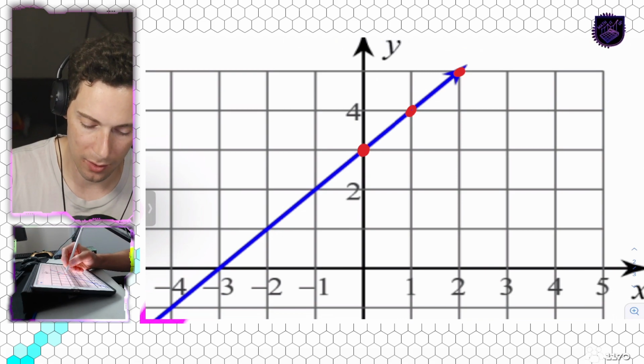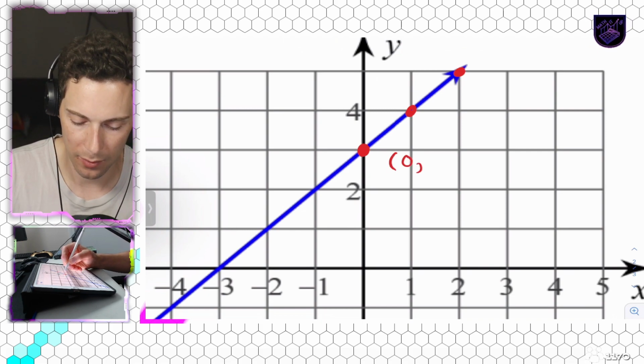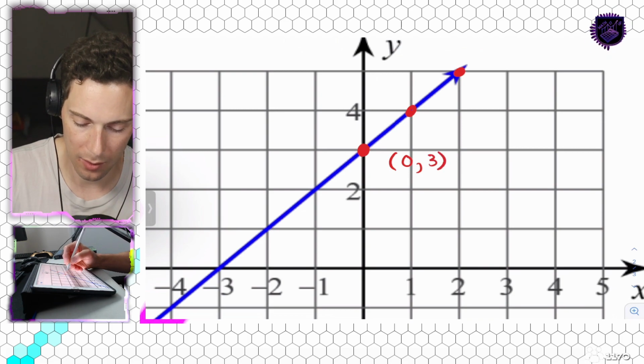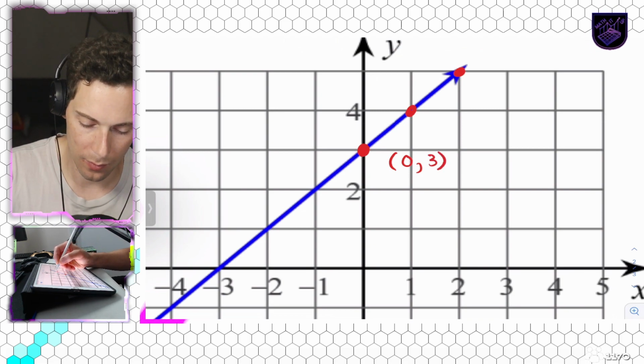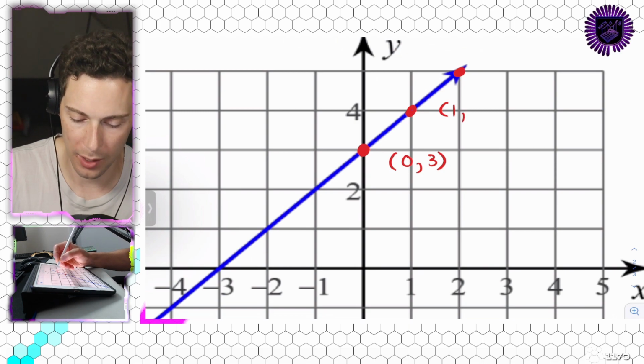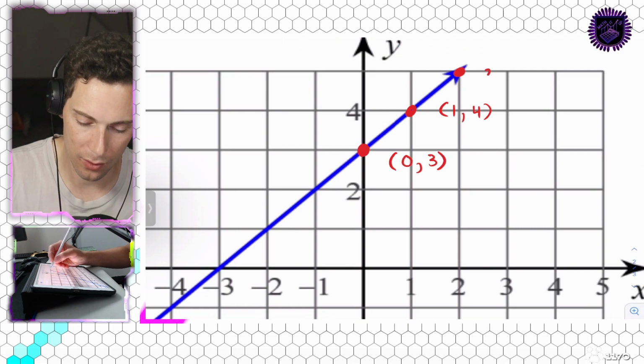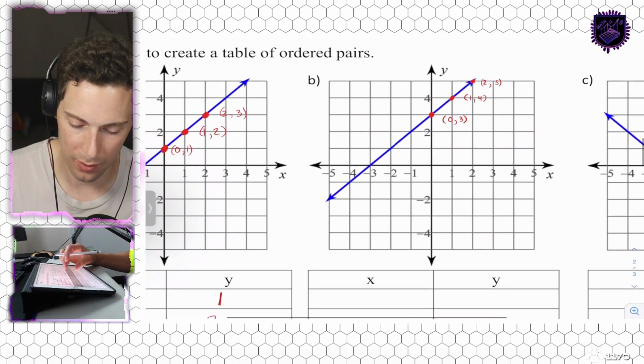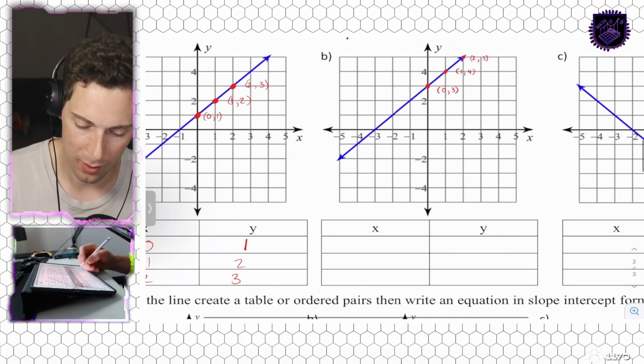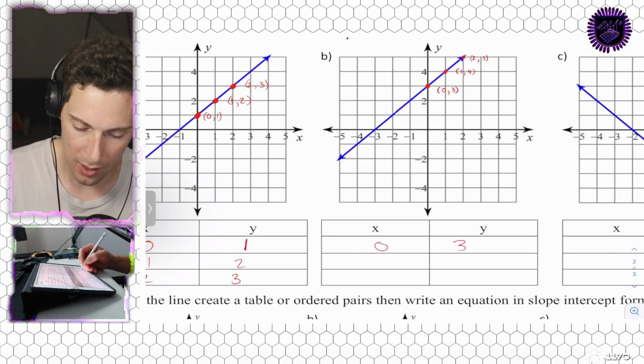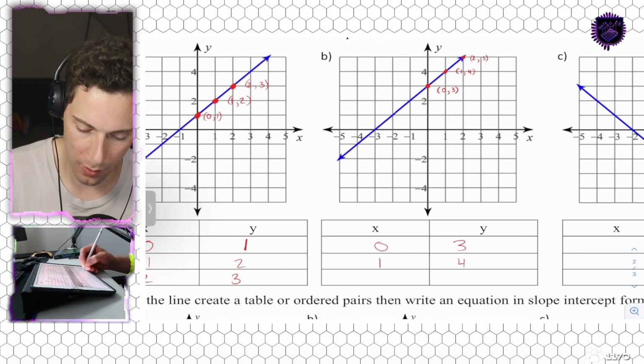So this is going to be 0, x, y is 3. This is 1, x, y is 4. And this is 2, x, and y is 5. I'm going to take those numbers and put them down here. We have 0, 3, 1, 4, 2, 5.